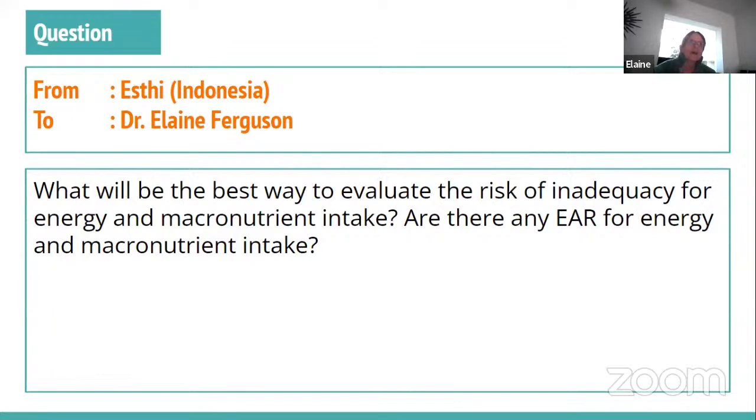Now, we do know the average energy requirements for a population, but we don't use what I've been speaking about to estimate the percentage at risk, because we're assuming energy intakes are driven by requirements.